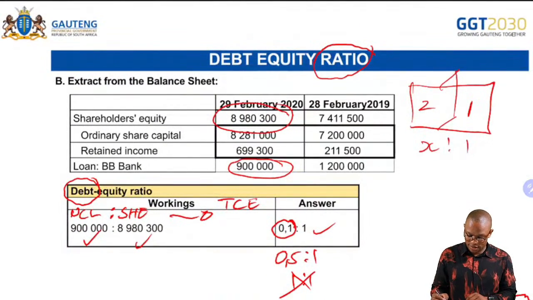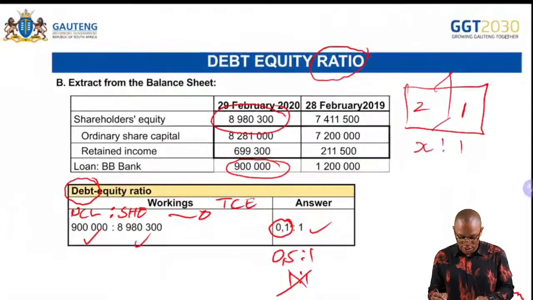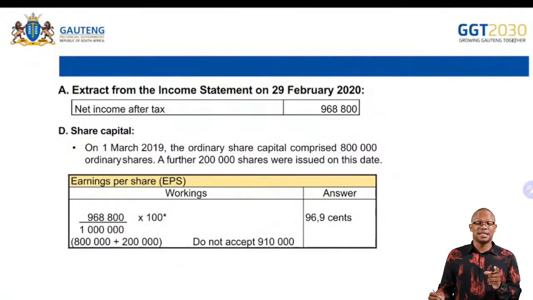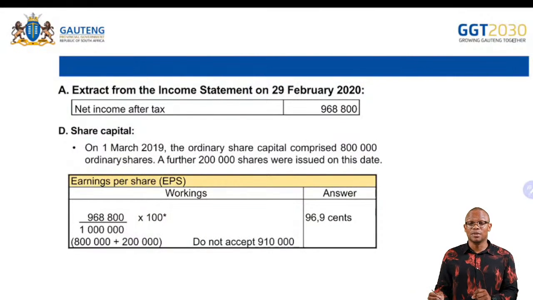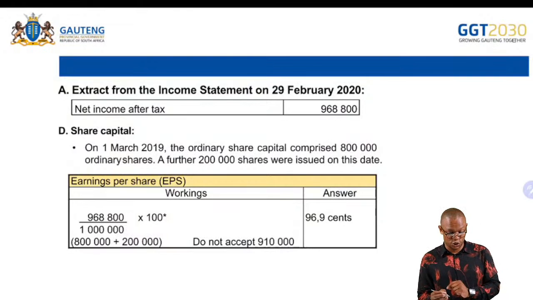Okay, the next question. We are supposed to calculate the earnings per share. For the previous one I said the surname ratio means it must be the tennis court, which is X is to 1.